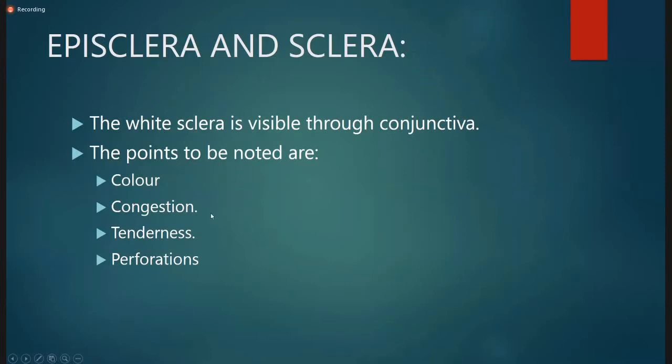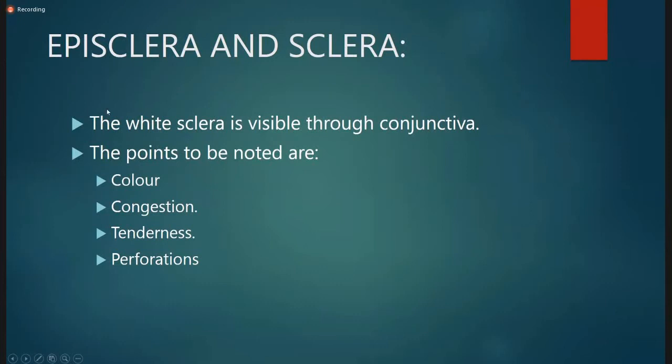The points to be noted are their color, congestion, tenderness, any perforation due to any injury. Color, it is pink color or red color. The pink color in episcleritis, inflammation of the episclera is known as episcleritis.